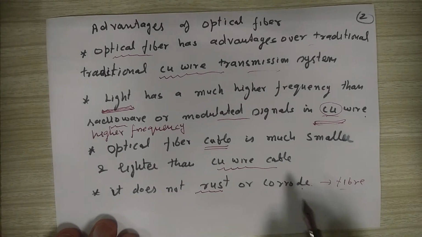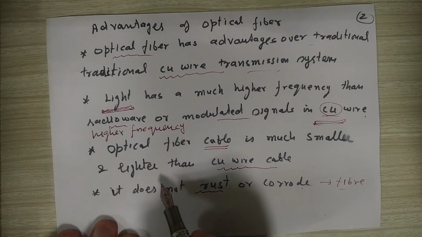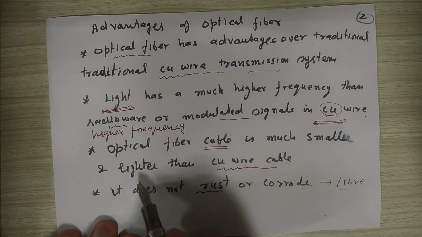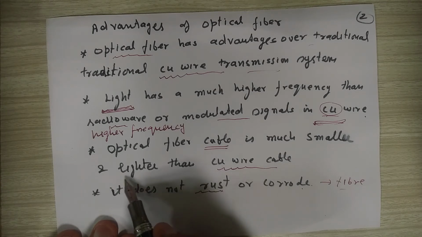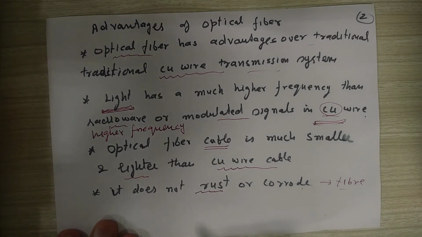And another is, because they are lighter, this is a very valuable property. Because if they are lighter, in some cases where weight is a constraint, we have to keep things lighter.